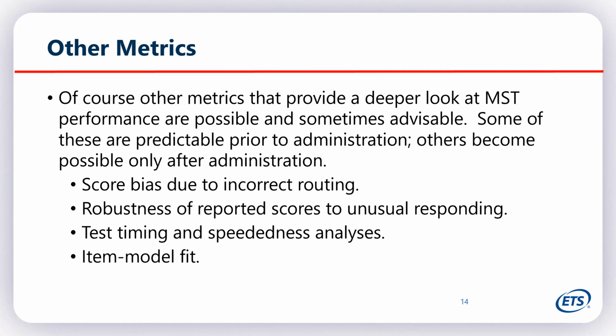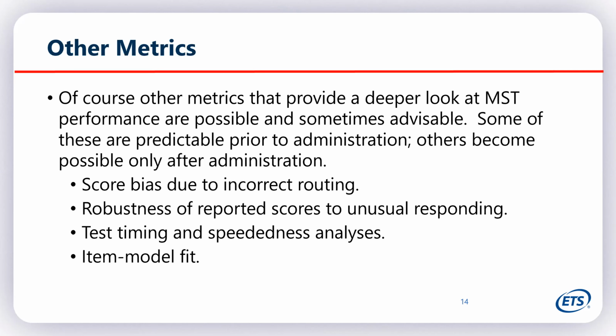These are test timing and speededness. One of the things we get very concerned with in adaptive tests given under time constraints is whether the hard items given to able examinees are putting them under more time pressure than the easy items given to struggling examinees, in that a lot of adaptive tests are speeded in exactly the opposite direction that conventional tests tend to be speeded.